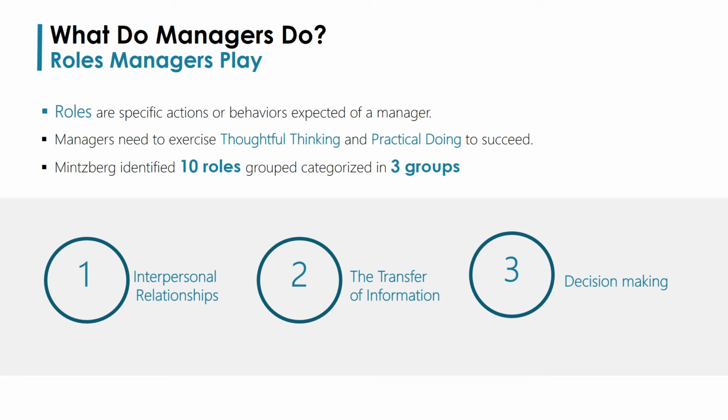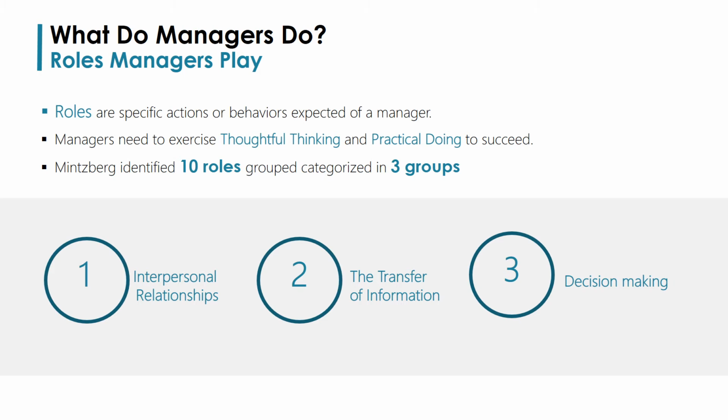Secondly, we said that another way of looking at what managers do is by the roles that they play. Roles are specific expectations or behaviors a manager should be exercising. Managers need thoughtful thinking and practical doing to succeed. So they need to put their minds into the whole managing process, and they need to practice it well in order to succeed.